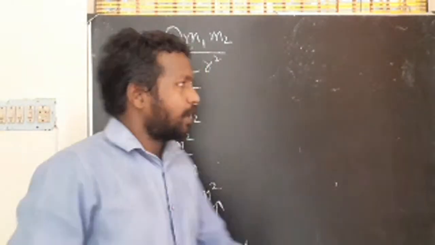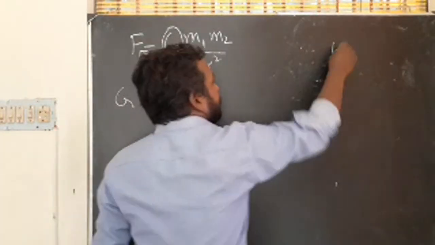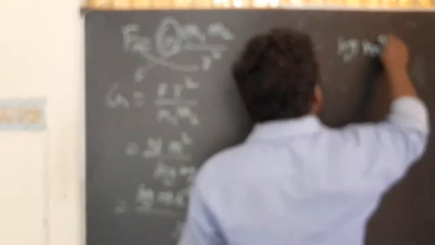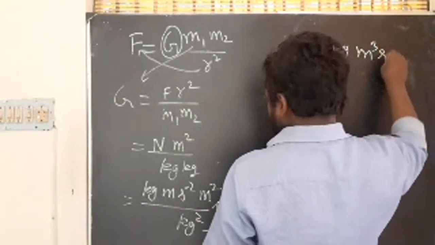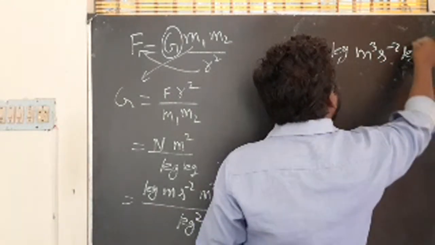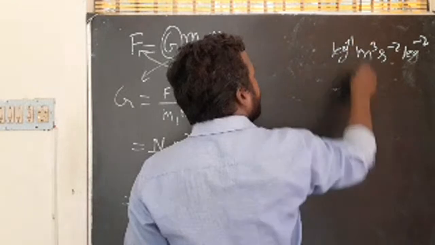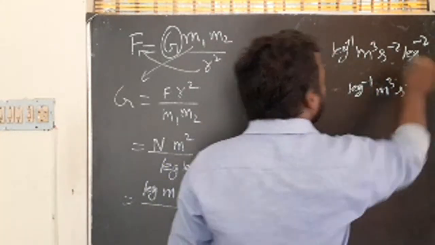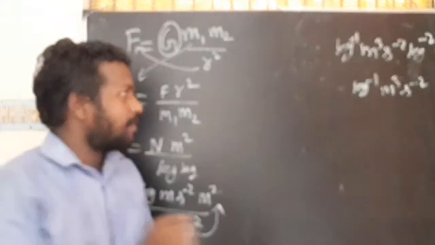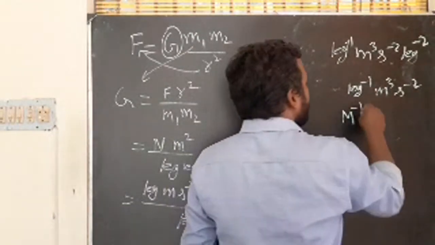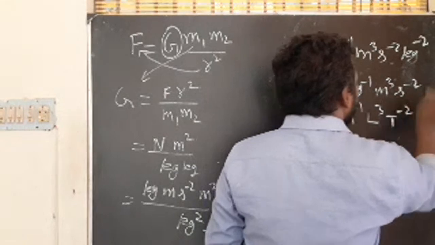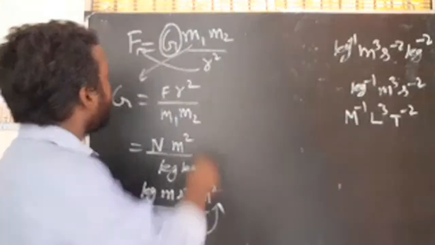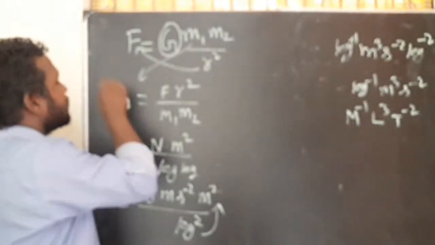So we'll have meter cube, because meter square times meter, second minus 2, kg minus 2. So the solution is kg minus 1 meter cube second minus 2. Now what is the dimensional formula? M power minus 1, L power 3, T power minus 2. So I got the dimensional formula for the gravitational constant, capital G.